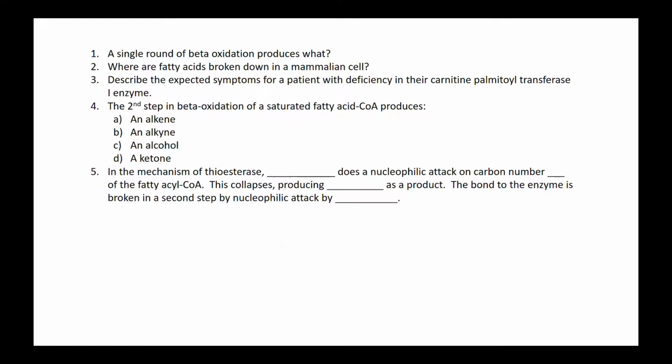All right, so let's run through these ones pretty quickly here. A single round of beta oxidation produces what? Now, the term beta oxidation, hopefully you guys know this, is the process of fatty acid breakdown. So a single round of beta oxidation is going to take our fatty acid with N carbons on it and turn it into a fatty acid with N-2 carbons on it.